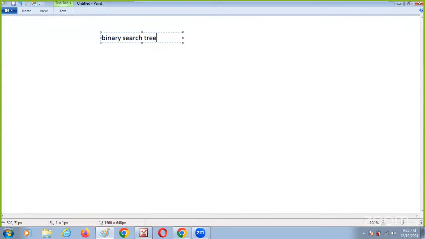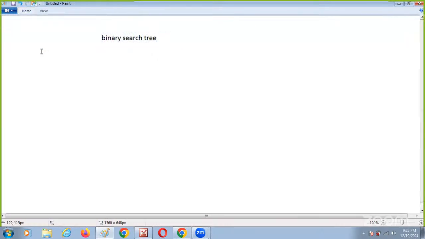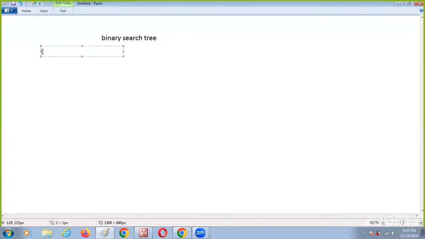Binary search tree. Suppose we have some elements that I want to store in binary search format.